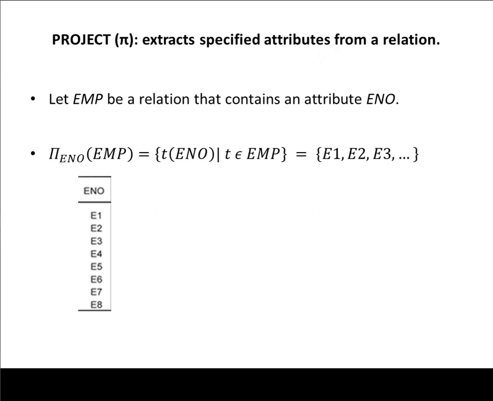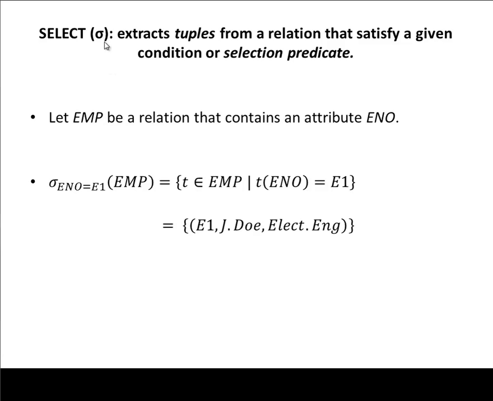Another operation on a relation is called a projection. We project on a relation using this notation. This is called a pi. By the way, in that previous slide, this is a sigma.